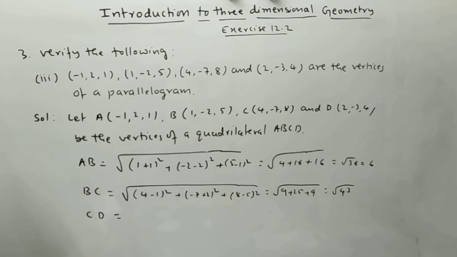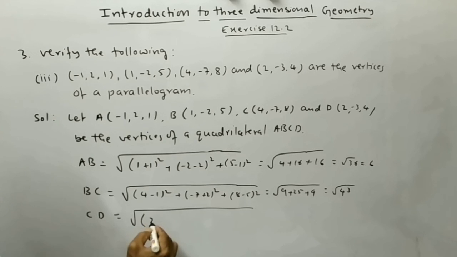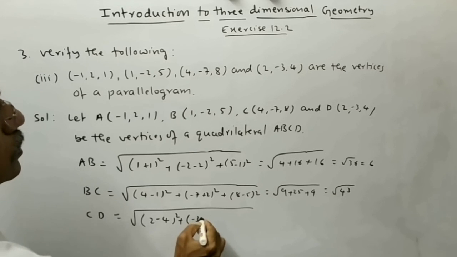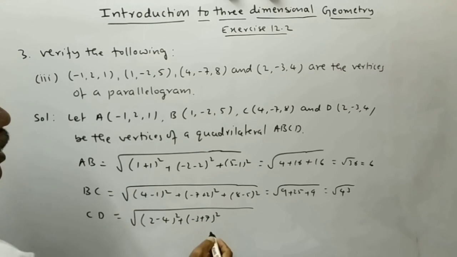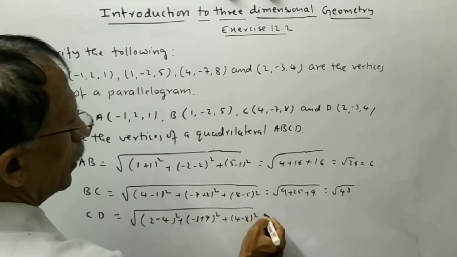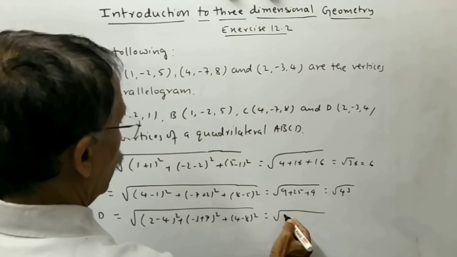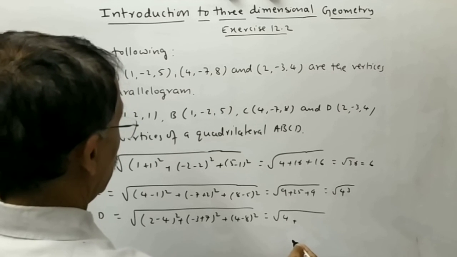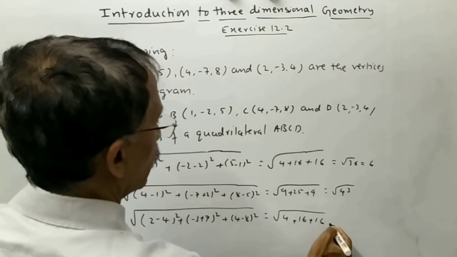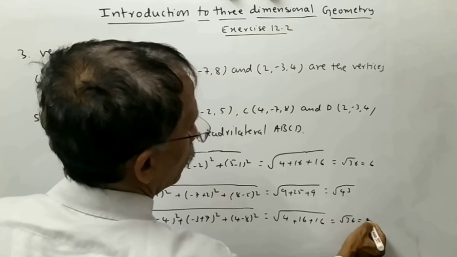CD is equal to square root of 2 minus 4 whole square plus -3 plus 7 whole square plus 4 minus 8 whole square, is equal to square root of 4 plus 16 plus 16, is equal to root 36, is equal to 6.